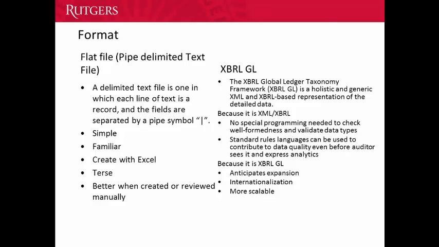Now we know that the information in ADS can be presented in either pipe delimited text file or XBRL file format. A delimited text file format is one in which each line of text is a record, and the fields are separated by a known character.